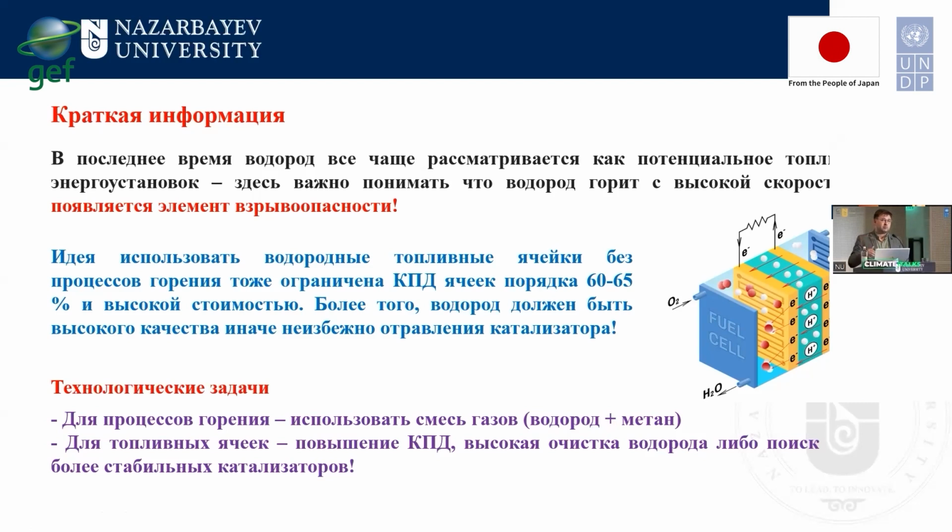First, for the burning process, we need to use a mixture of gases, and the most optimal is hydrogen plus methane. But you also understand that methane is not always available everywhere. That's why we can consider some other gases that will significantly dilute hydrogen.